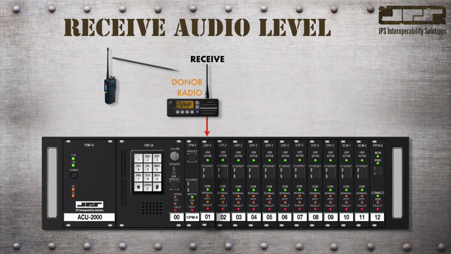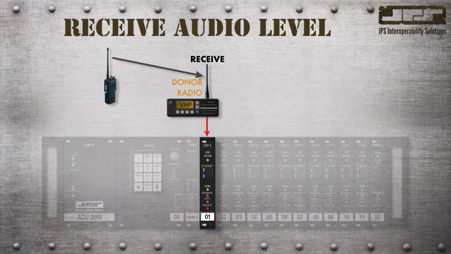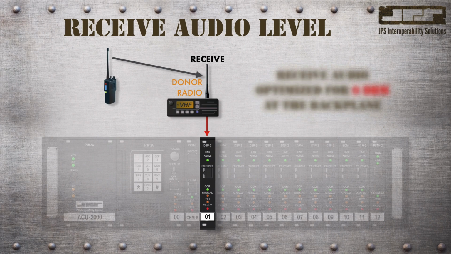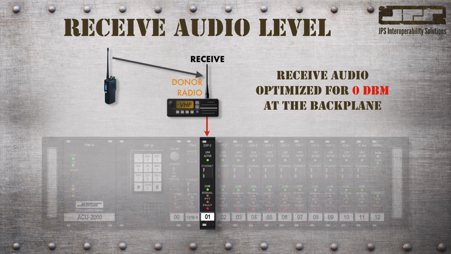As we learned from that previous episode, the ACU gateways are optimized to operate at 0 dBm, and if we ensure that the receive audio levels from all donor radios are adjusted such that those audio levels appear as 0 dBm when delivered to the ACU backplane, we can have the confidence to know that all receive audio, regardless of which donor radio it came from, is at a known power level, and that's 0 dBm.